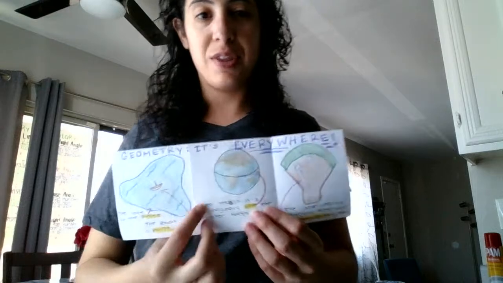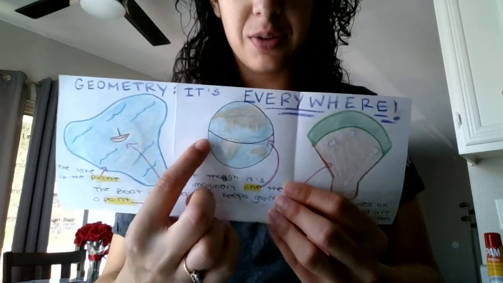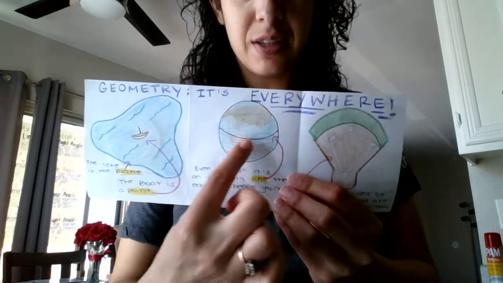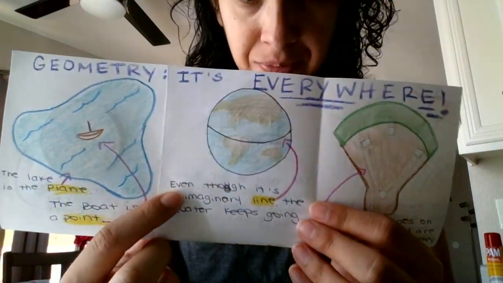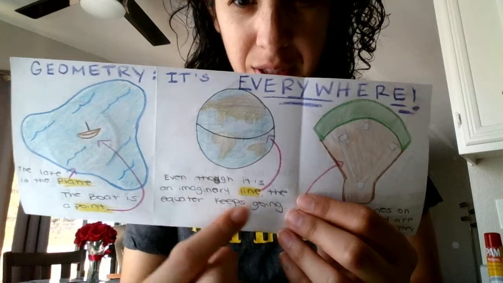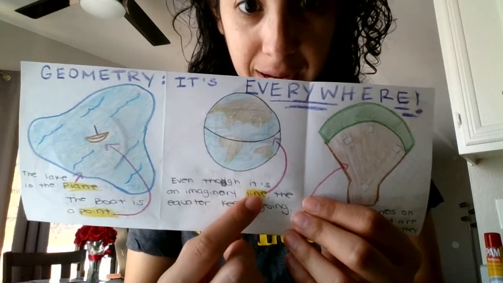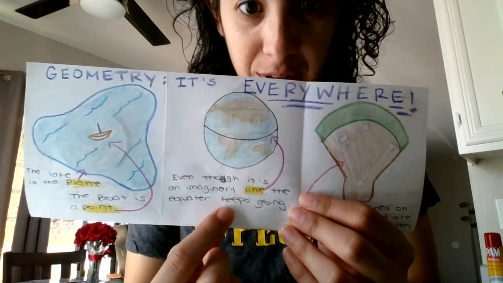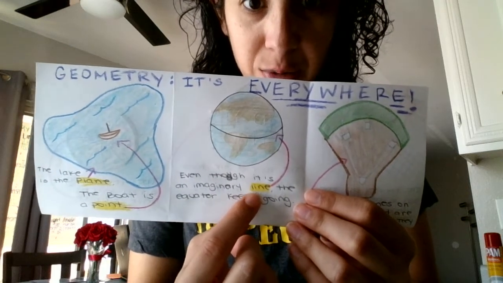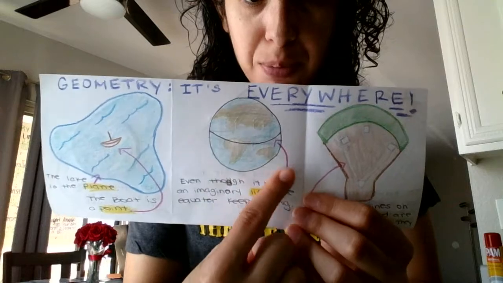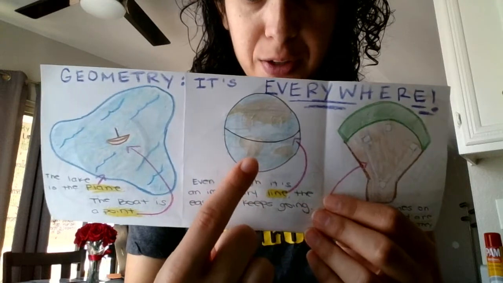It just keeps going and going and going. So I thought of the equator. Okay, so the equator is that line that cuts the globe in half. So then here's my sentence. Even though it is an imaginary line, the equator keeps going. So I highlighted the word line, and then I pointed to what I'm talking about. Okay, and there's my picture of my globe.